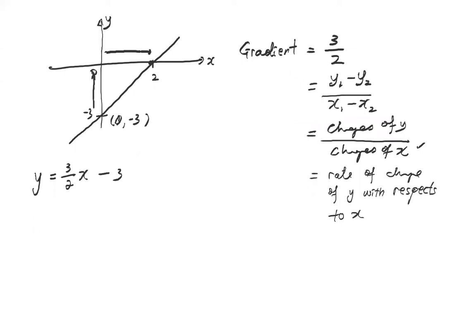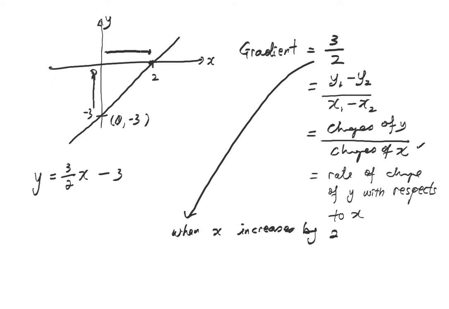How do I interpret this? When we talk about the manipulated variable, it's always increased. So we say when x increases by 2 units, just how your friend said, for every 1 unit increase of x, correct? So you put 1.5.